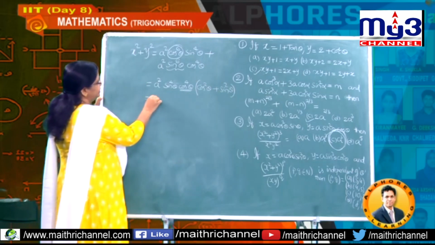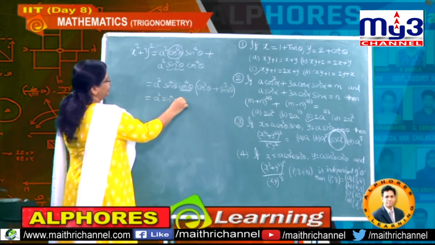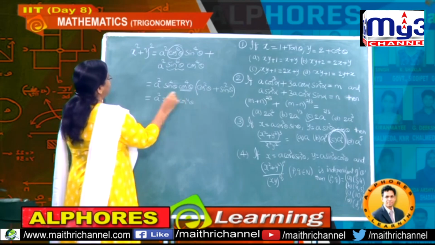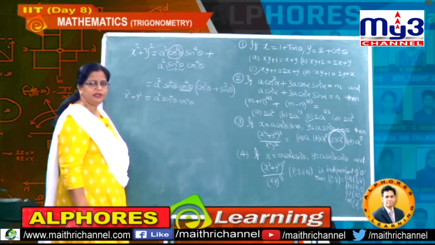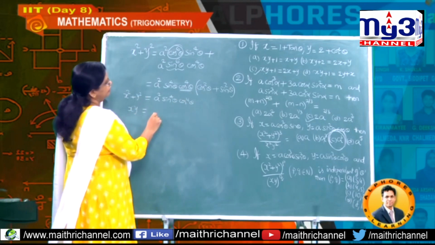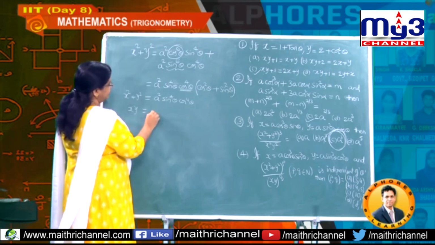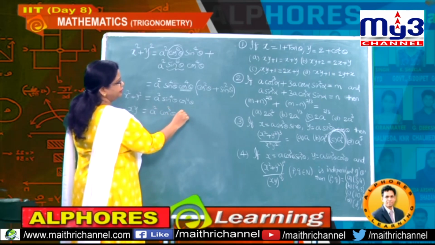So students, you got here a square sin to the power of 4 theta cos to the power of 4 theta. This is x square plus y square, which is the numerator. Now what is xy? Xy equals just multiply a square into cos cube theta into sin cube theta.